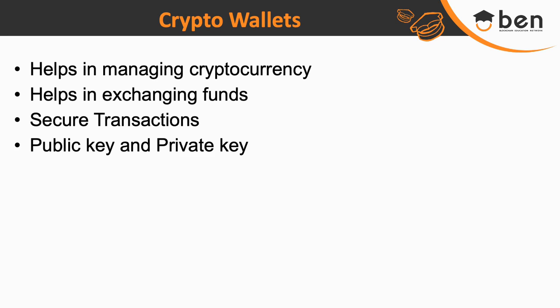In a similar way, in crypto wallets, every crypto wallet owner is provided with two keys. One is the public key and the other is the private key. Public key is something which you can share with everyone because it will be required to send or receive funds. But the private key is something which needs to be protected and should never be shared with anybody.